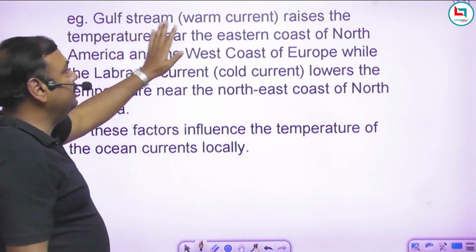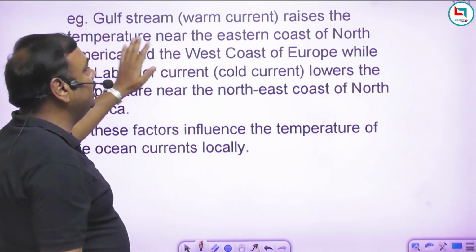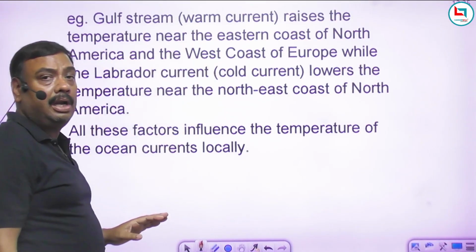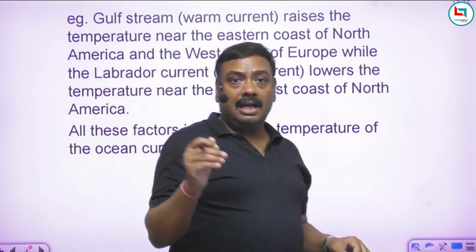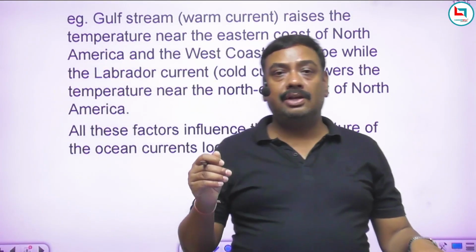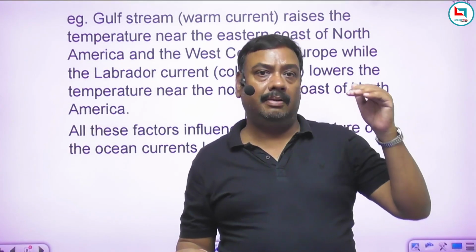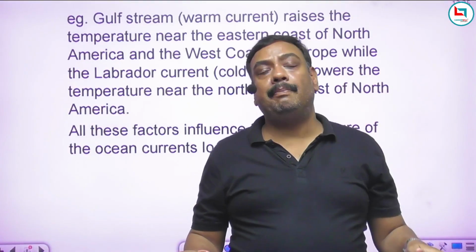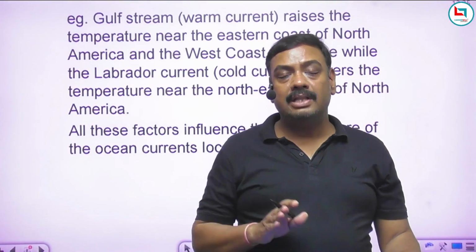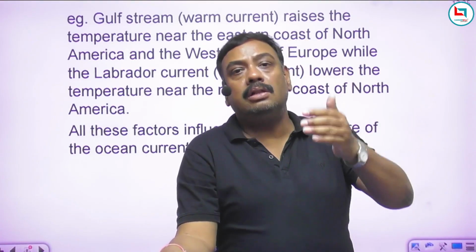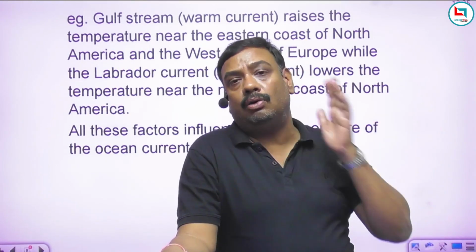So Gulf Stream, which is a warm current, raises the temperature near the east coast of North America and the west coast of Europe. Why west coast of Europe? Because this Gulf Stream flowing in a particular direction along the east coast of North America, after reaching a certain latitude in the temperate zone, under the influence of westerlies, gets diverted towards the European continent, and then it reaches the coast of the European continent after crossing the whole of the Atlantic Ocean longitudinally.